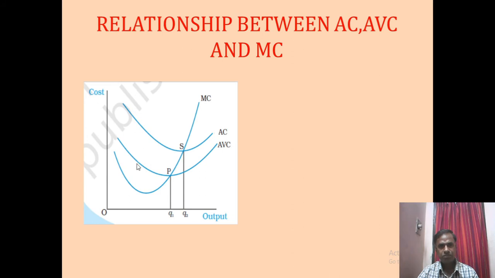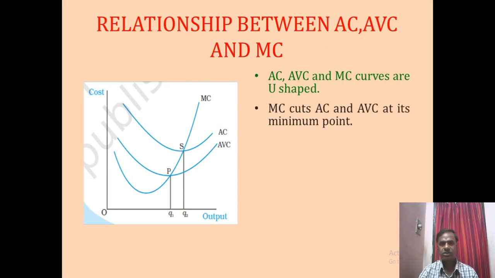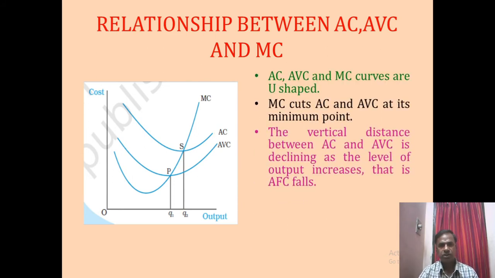When MC is below AC and AVC, AC and AVC fall. And when MC is above AC and AVC, AC and AVC will rise. Right? So this is the relationship between the AC, AVC and MC.